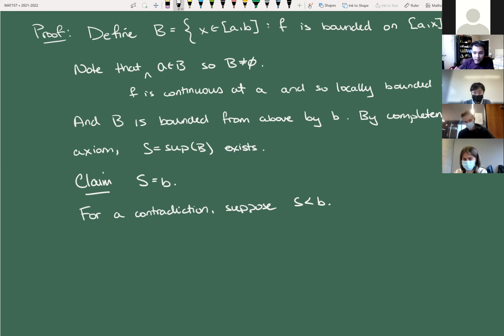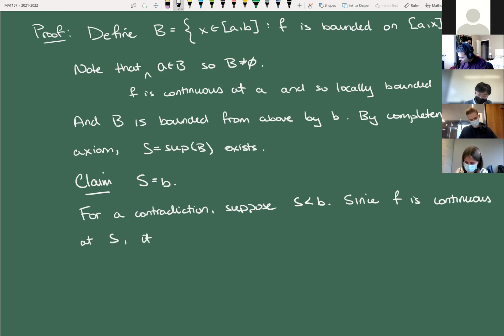So the only thing we have to do is to suppose that S is strictly less than it, right? S can't be bigger than it because it's the least upper bound. So let's assume that it's strictly less than, right? Well, now I'm going to use the local boundedness again. I'm going to use this forcing argument. I'm going to say, look, my function is continuous at S, so it's locally bounded at S. And that's going to allow me to extend the interval on which I am actually bounded, right? So since f is continuous at S, it is locally bounded.